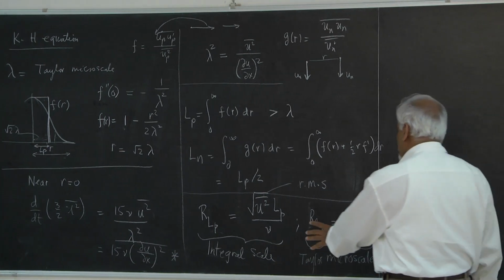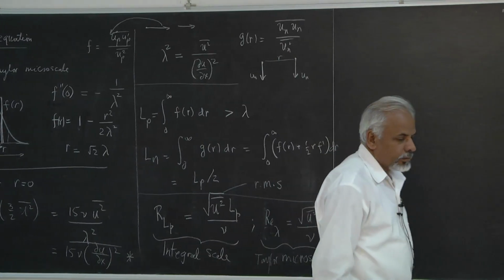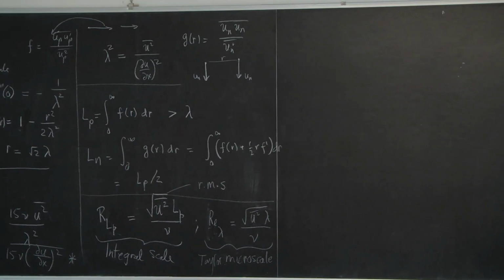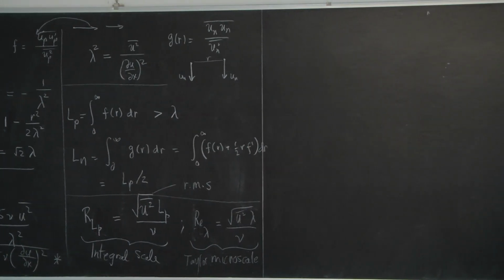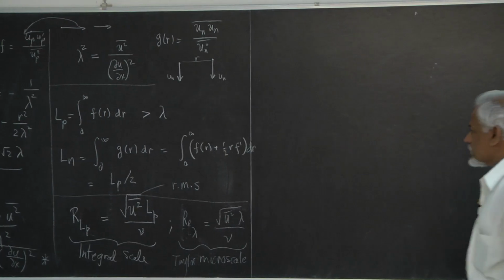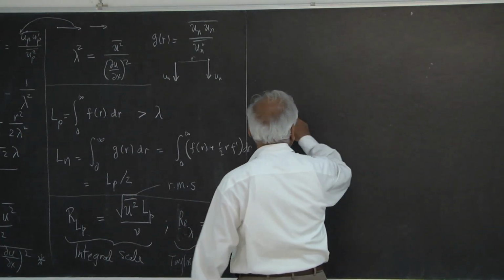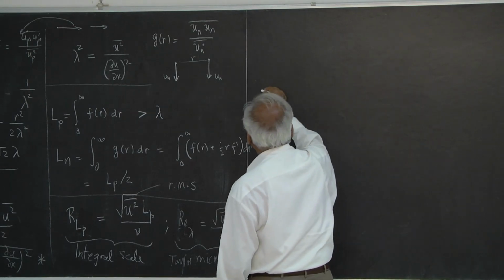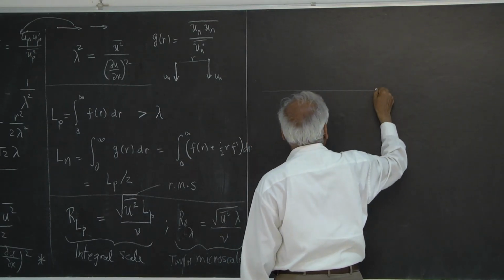Now, how are these two Reynolds numbers related to each other? That is also something we should have some idea about. And you can do this by using one of the properties of turbulence that I mentioned maybe the day before yesterday.